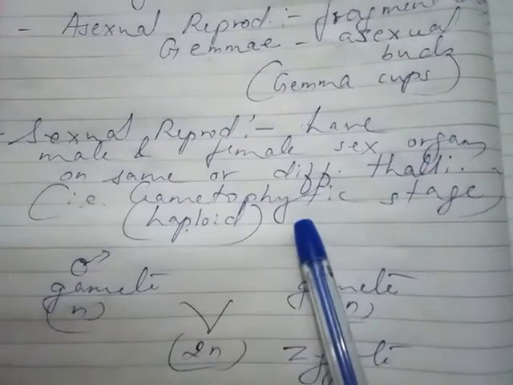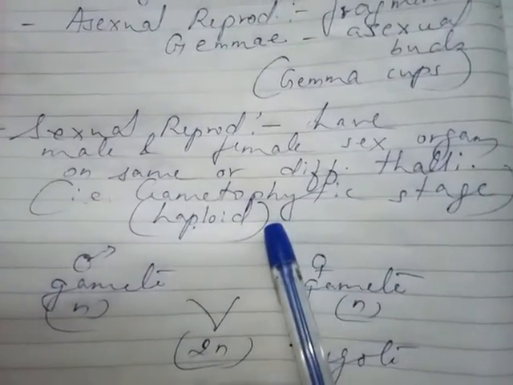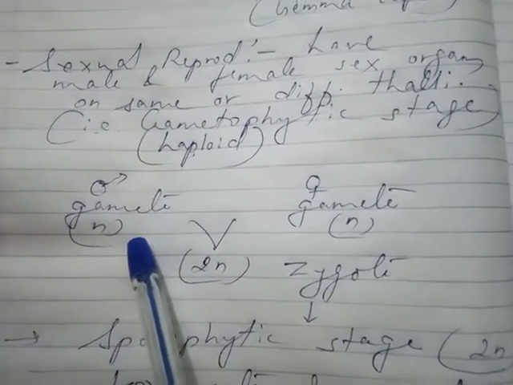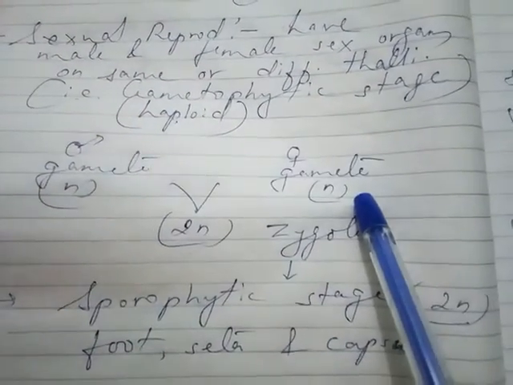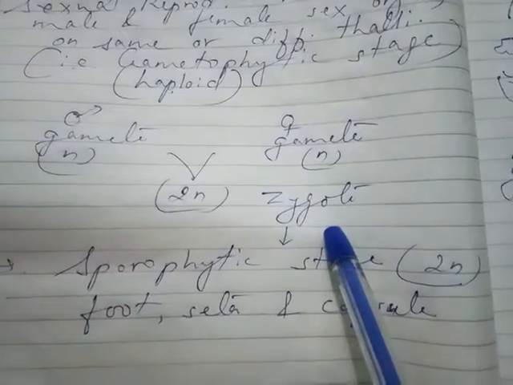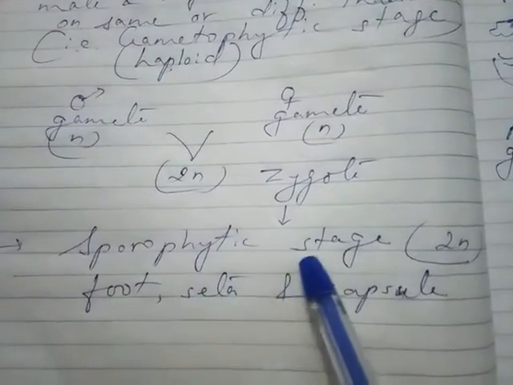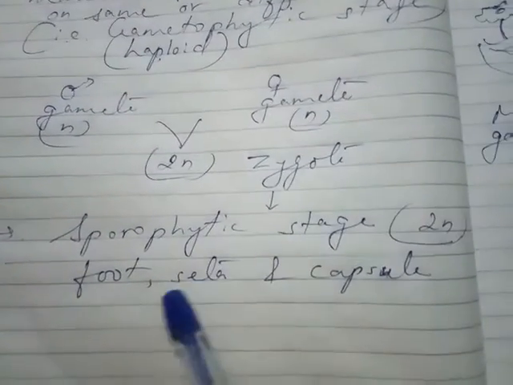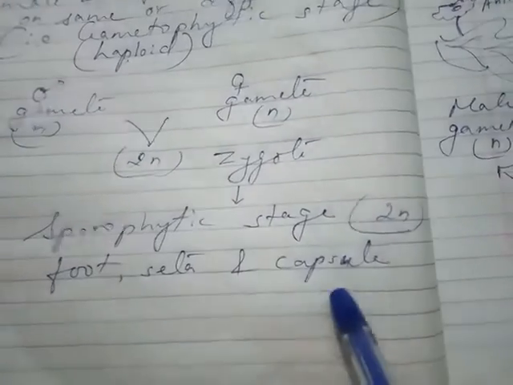That is, it is the gametophytic, haploid stage, which will be producing male gametes and female gametes, giving rise to a zygote, which will give rise to a sporophytic stage having foot, seta and capsule.